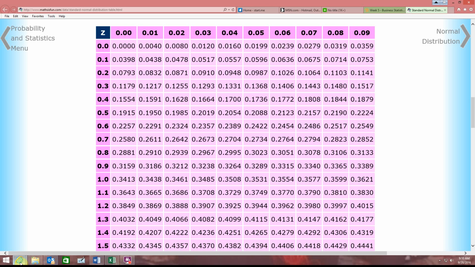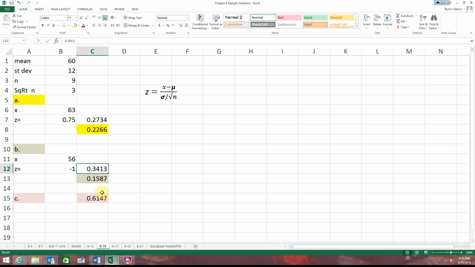Now the other question it asks is, what is it between those two? This one is to the far right, this one to the far left, and so it's somewhere in between. You could take 1 being our total and subtract both of those, which would be correct, or you can add the two inverses.